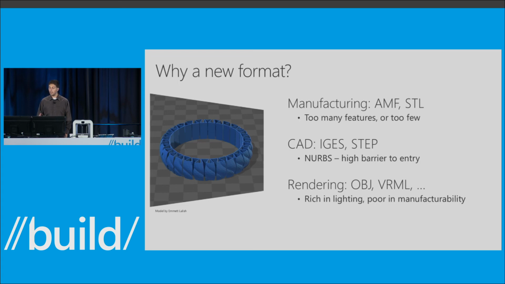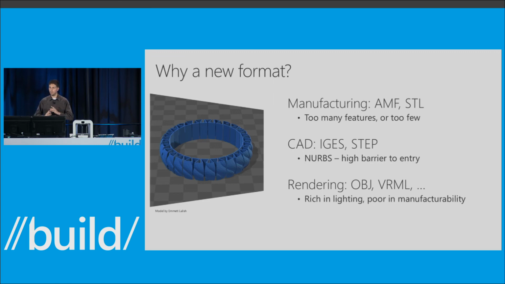Now, a lot of what's been used in the 3D printing industry is actually sort of repurposed rendering formats. Things like OBJ, VRML, there's many more. And the problem with these formats is they're really not targeted at 3D printing. So they've got all kinds of great information about lighting and fog and whatever you might need for rendering, but that doesn't matter to us. What we care about is material. And material is a lot more than color.